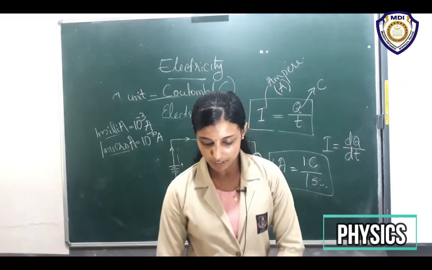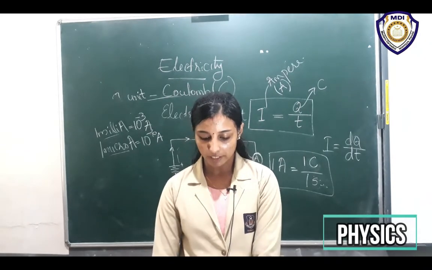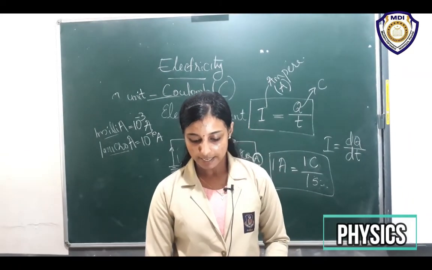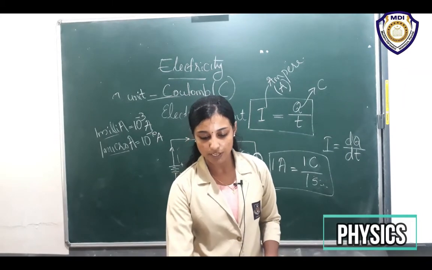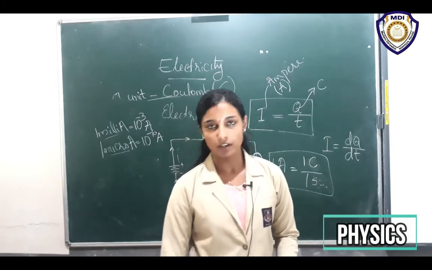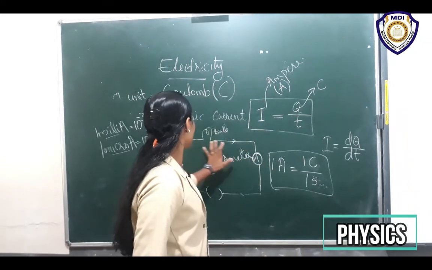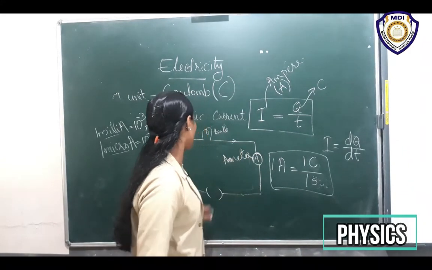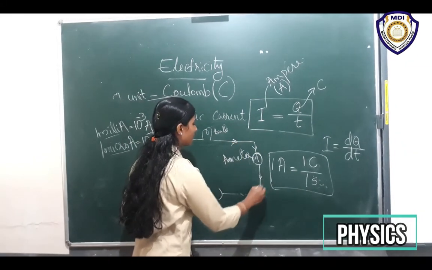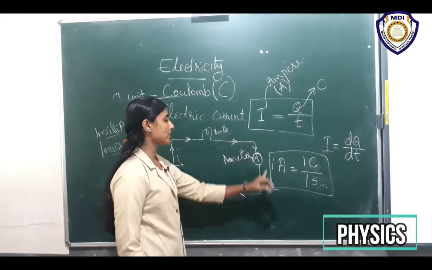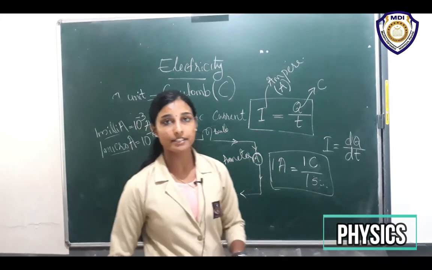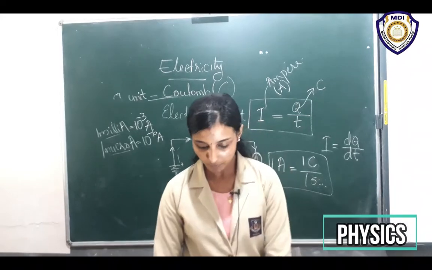Now you just understood that the ammeter is always connected in series in a circuit through which the current is to be measured. This is the way we measure current, from here to here, here and here. So current is measured in this direction. The ammeter is also connected in series with this circuit.